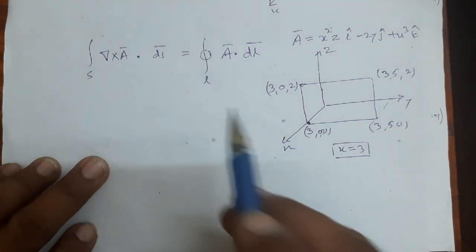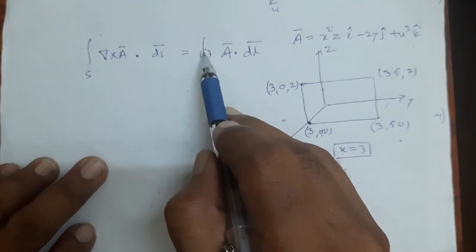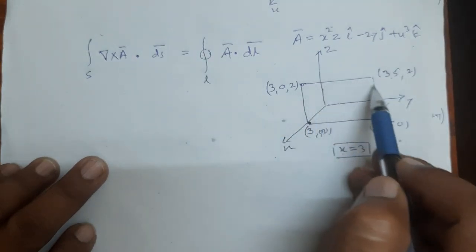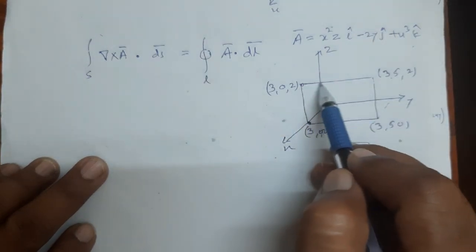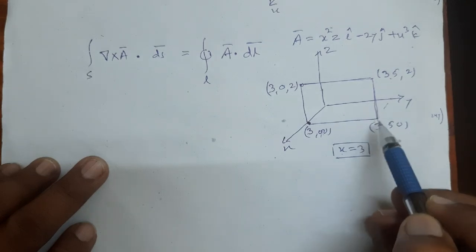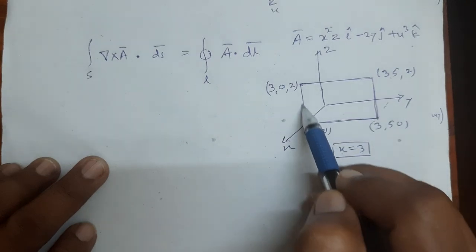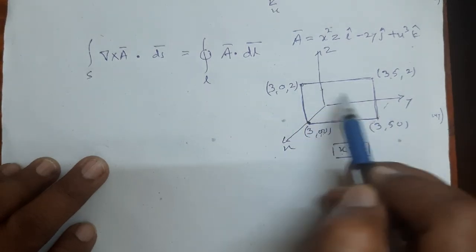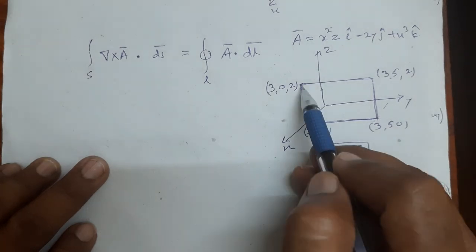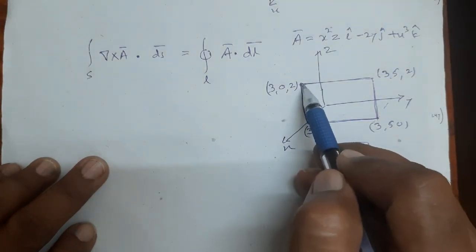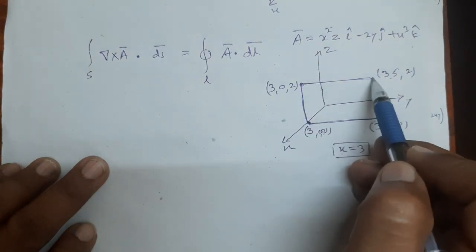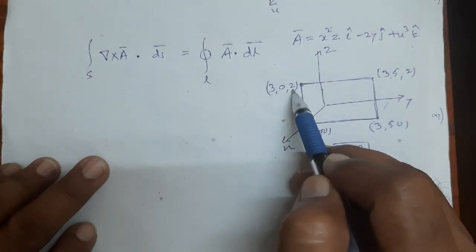For the right hand side, it is a closed line integral. Therefore, the line which encloses this surface has 4 line segments which form the closed line to bound this surface. We will have to integrate over a line from this point to this point where there is a change in y only, and x and z remain constant.